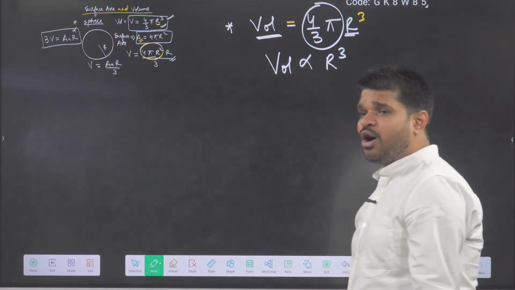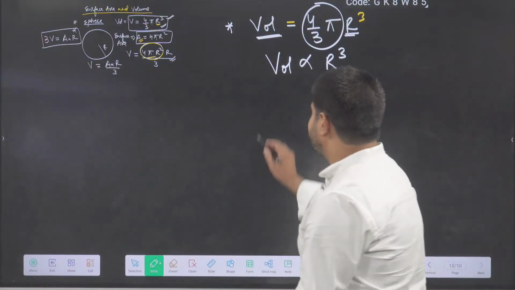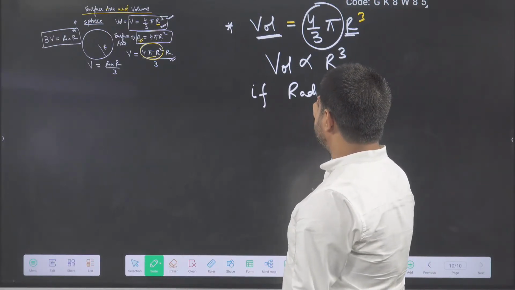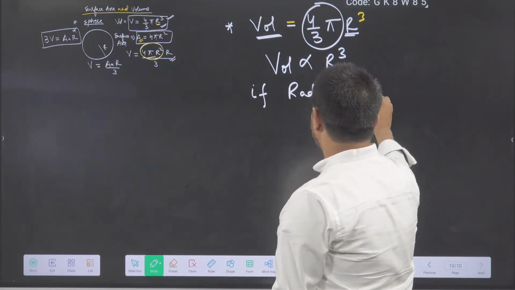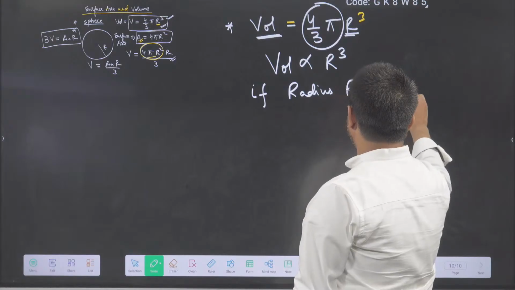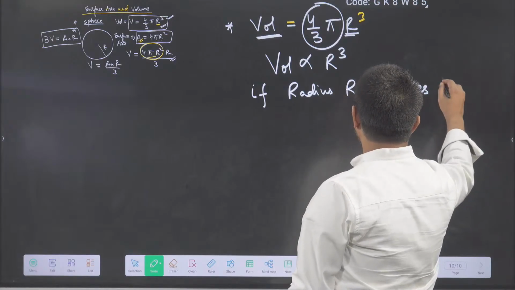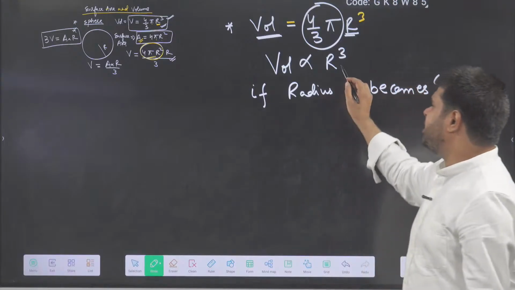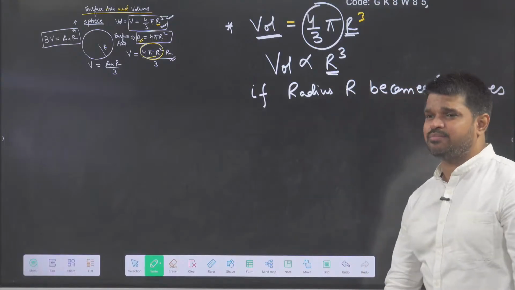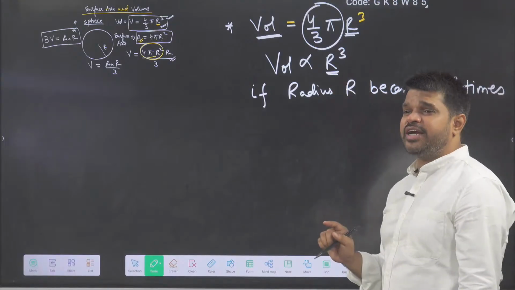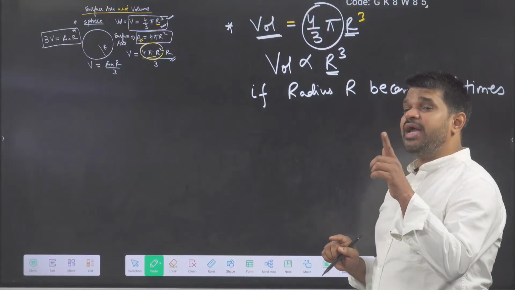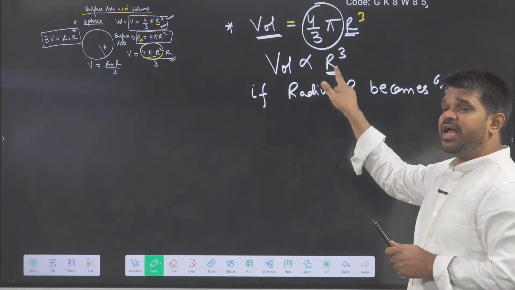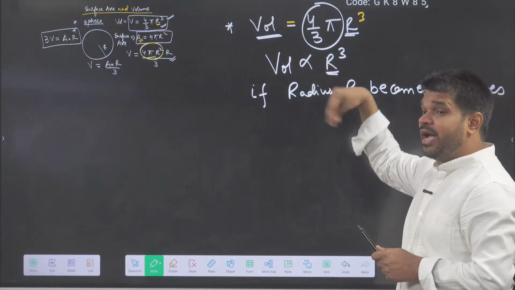Now just understand one thing. If radius r becomes n times, in place of radius I will put nr. So if I put nr, I have to cube n also.